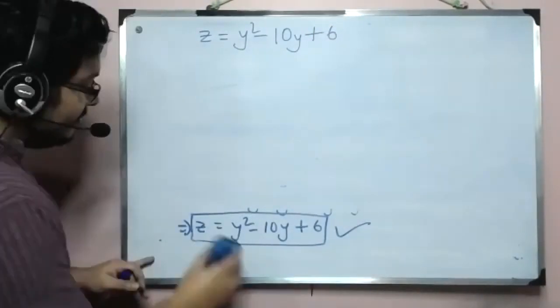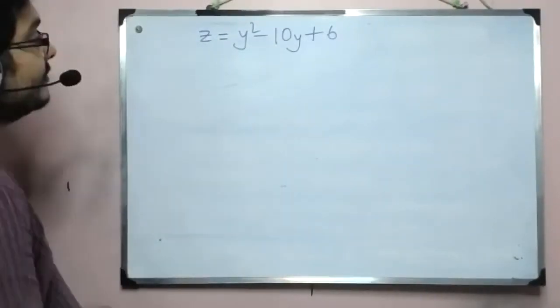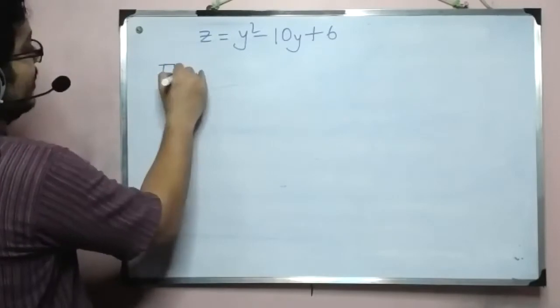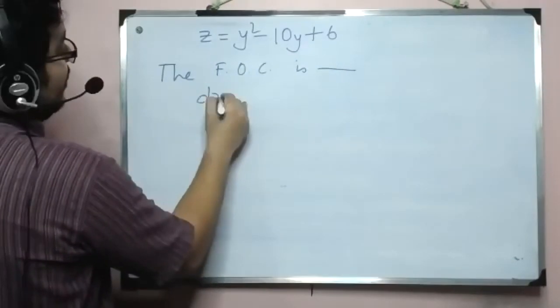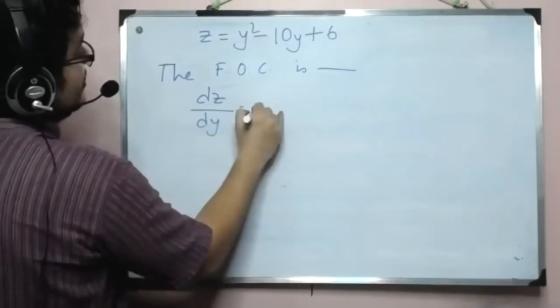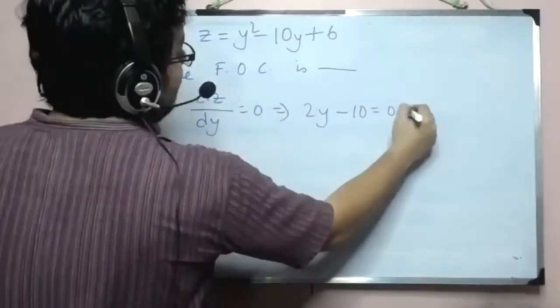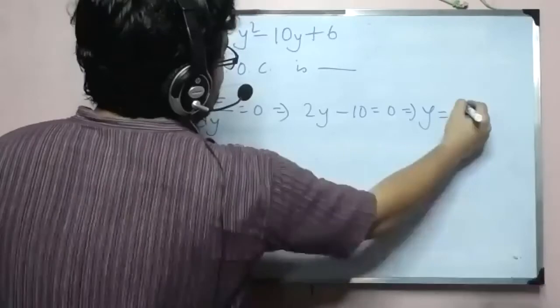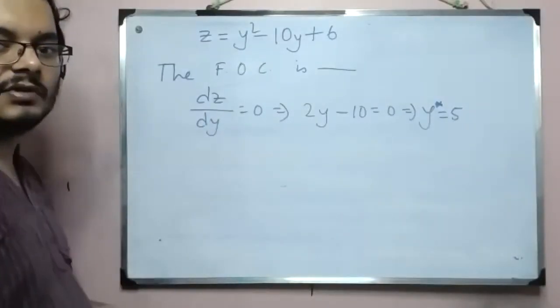Now, what about optimizing this one? Simple. The FOC is dz/dy equal to 0. You could do it by yourself. This makes y equal to 5. So this is our one optimum, y equal to 5.